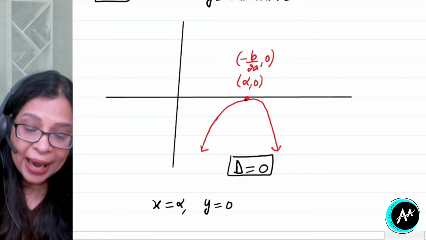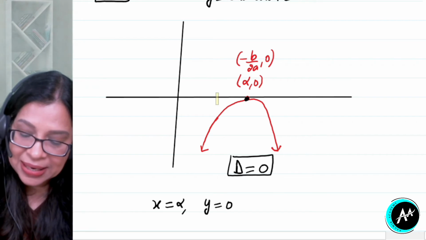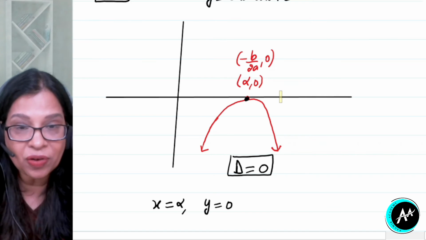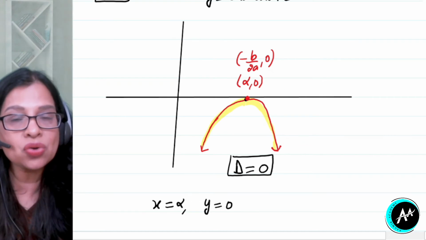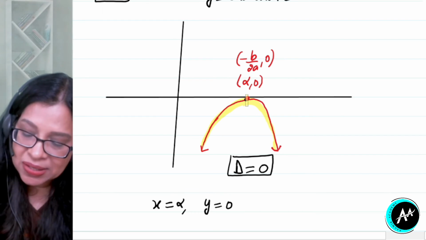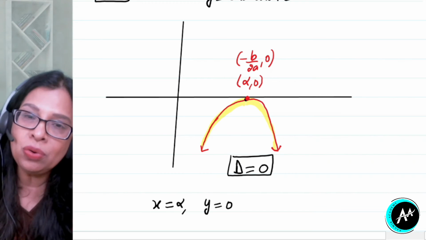Got it? And for all other values of x, look here, if we take values of x less than alpha or greater than alpha, then this is the part of the graph. So all that part is below x-axis. So for all those points which are not equal to alpha, y will have negative value.